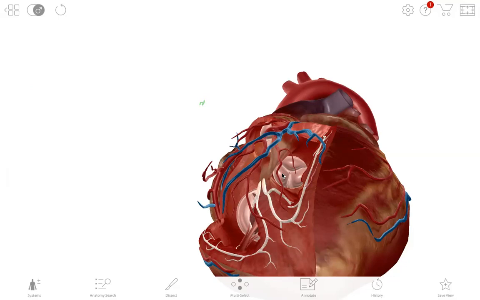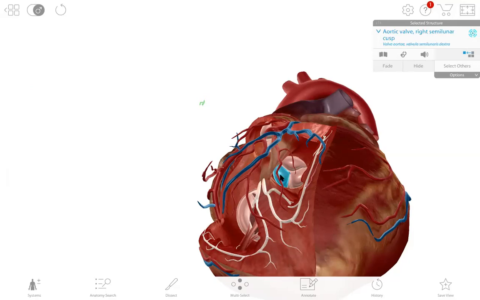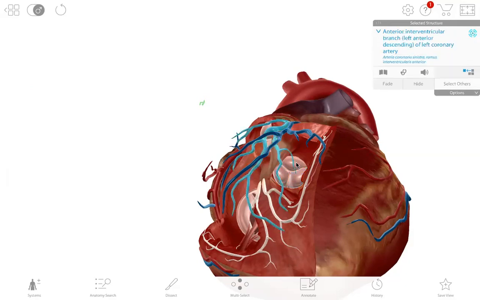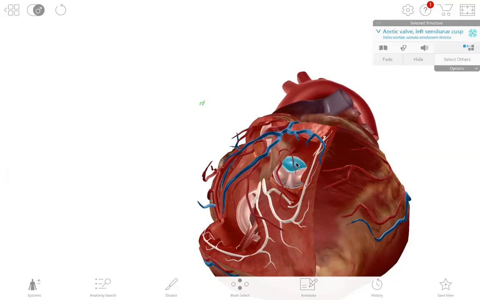From the anterior aortic sinus there will be a rise of the right coronary artery, while from the left semilunar cusp there will be a rise of the left coronary artery. Okay.